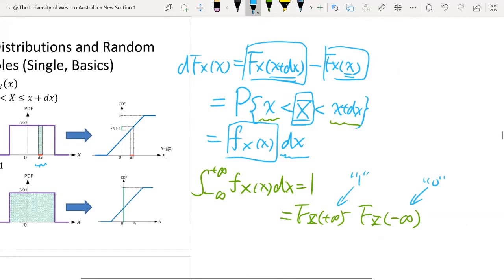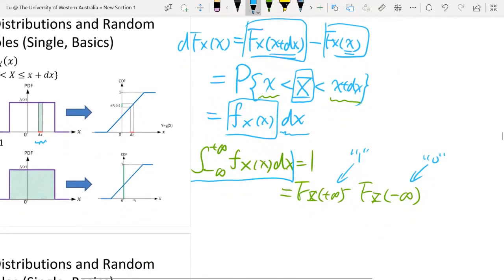So 1 minus 0 is 1. Of course, it's true. In other words, we are using this integration to evaluate what is the probability that the random variable value falls into negative infinity to positive infinity, this range. Of course, the result is 1 because the random variable value must fall into negative infinity to positive infinity. So this is actually calculating the probability of this relationship.